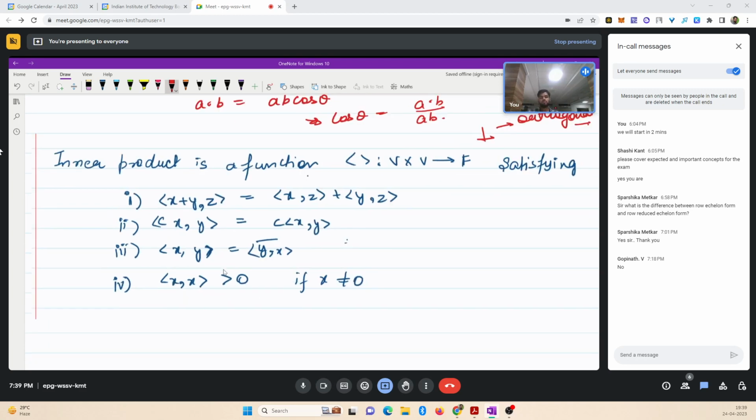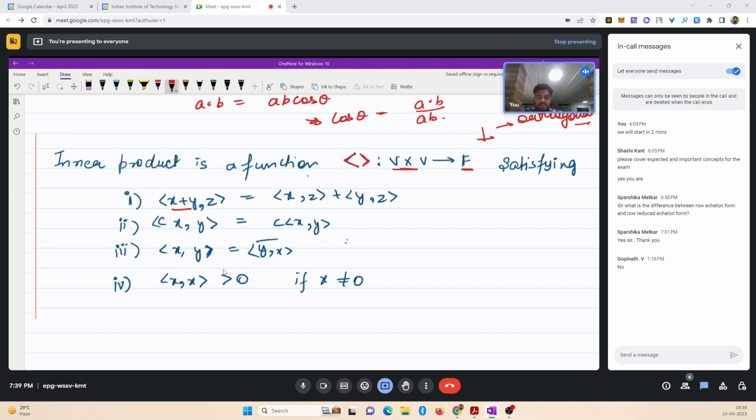So what is inner product? Inner product is a function. This is how it is denoted, by two brackets. It is a function that takes as input two vectors and returns a scalar value. And this should satisfy these four properties. What are those four properties?